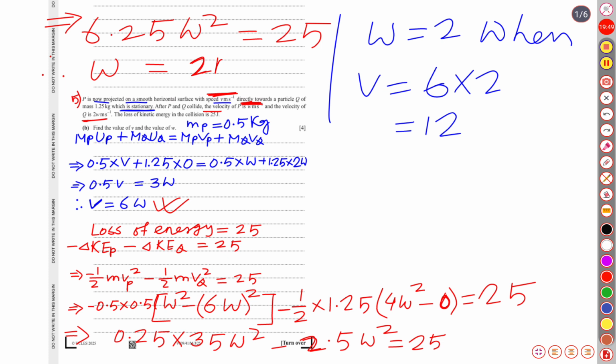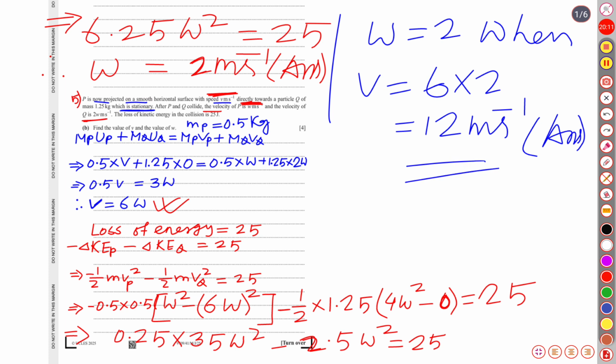So w is 2 meter per second, one of the answers, though meter per second is not necessary to be written because the unit is given with the quantity. And our value of V is 12 meter per second. So those are the two answers we should find.